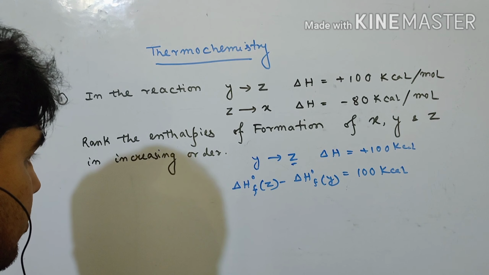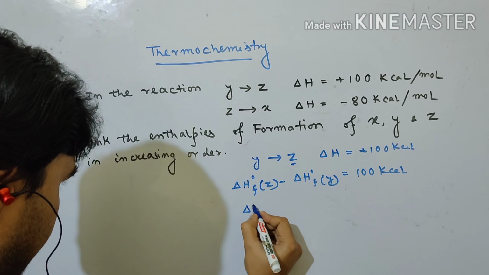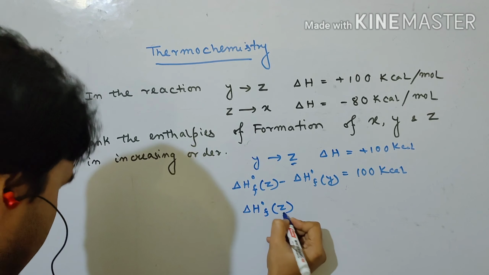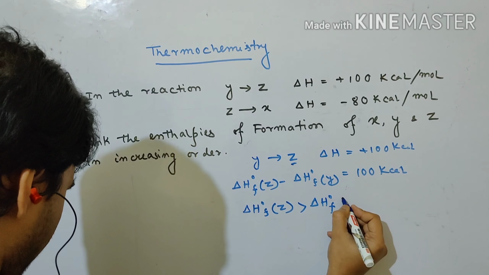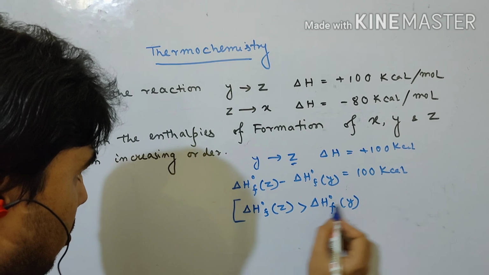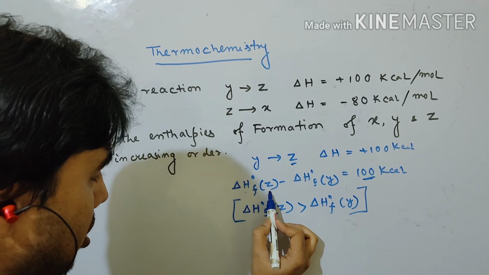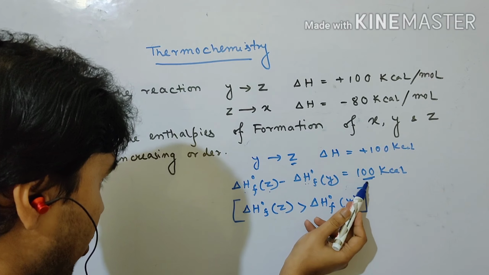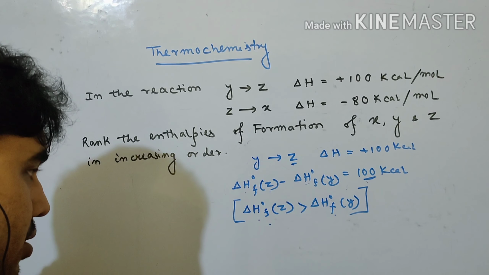Again, according to this, we can also say that delta H of formation of Z is greater than delta H of formation of Y. Because the delta H of formation of Z is clearly greater than that of Y, I have got the increasing order between Z and Y at least.